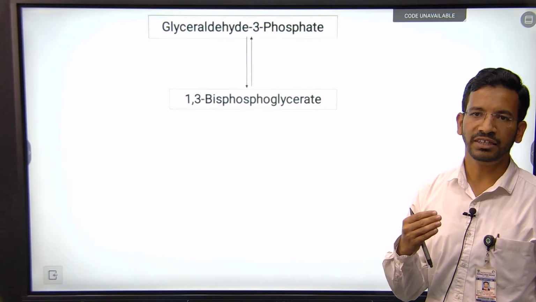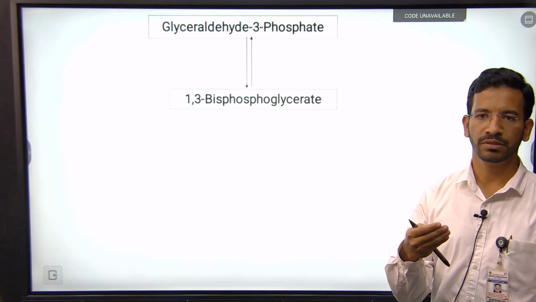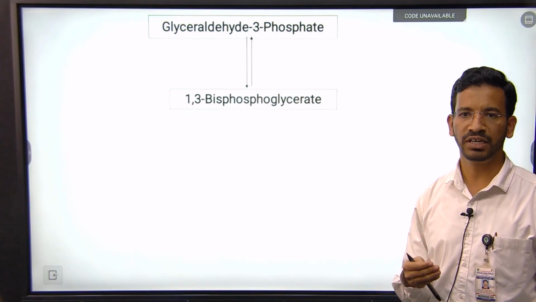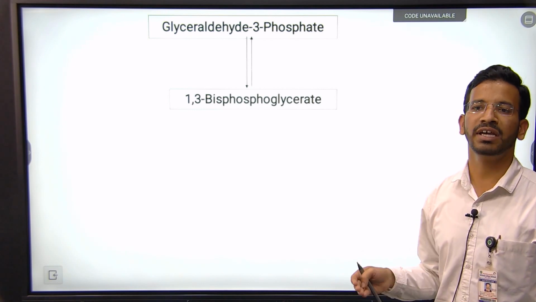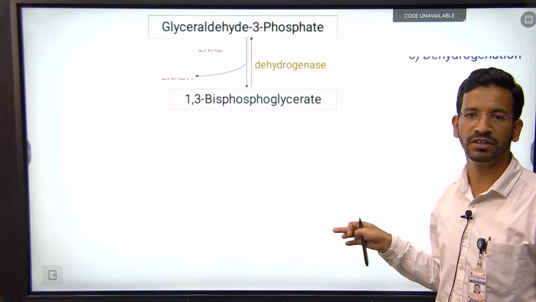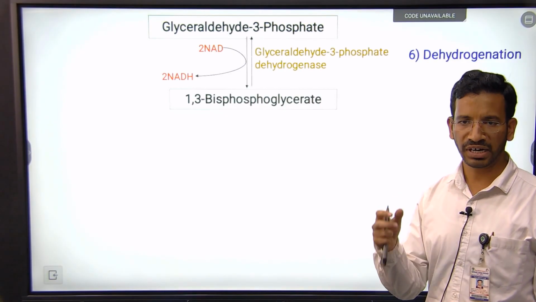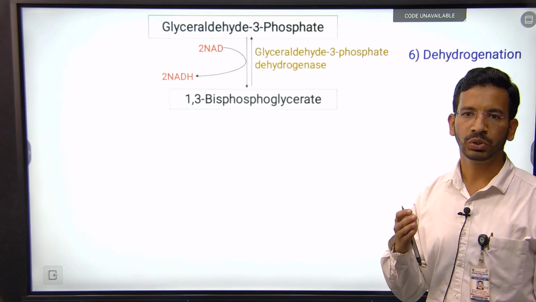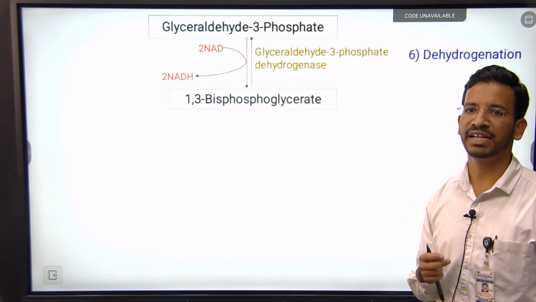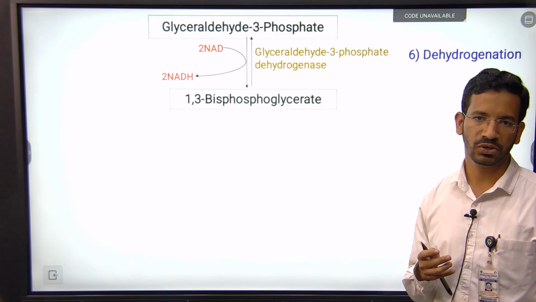Glyceraldehyde 3-phosphate, which was the last product of the 5th reaction, is being converted into 1,3-bisphosphoglycerate. This is a reaction of dehydrogenation where hydrogen is being transferred from the glyceraldehyde 3-phosphate. The enzyme working in this reaction is glyceraldehyde 3-phosphate dehydrogenase.